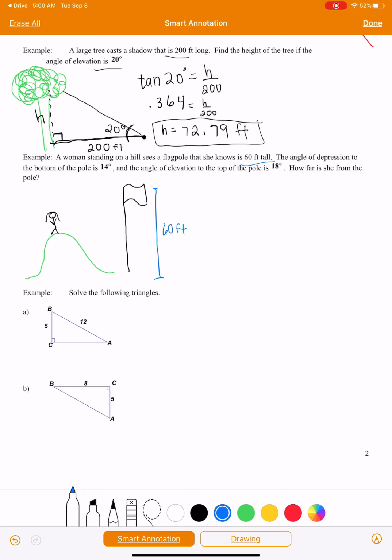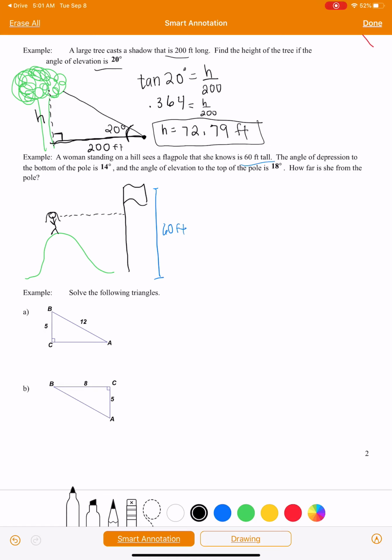Okay, so remember earlier when I was talking about angle of elevation, imagine you're looking straight ahead, and imagine there is a parallel line to the ground shooting out from your eyeballs. So that parallel line I'm going to represent with this dashed line. It's parallel to the ground.